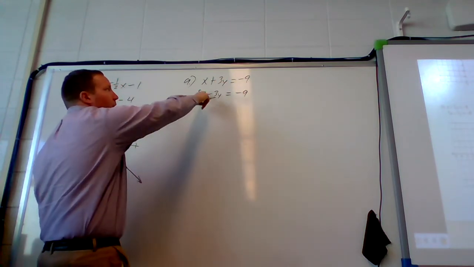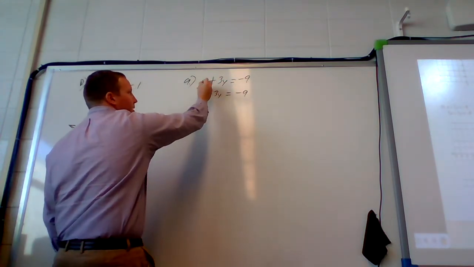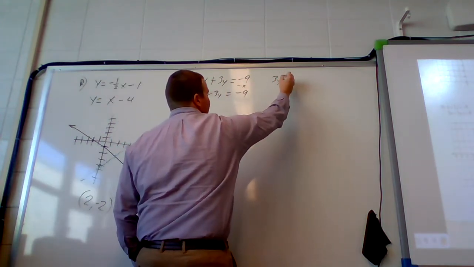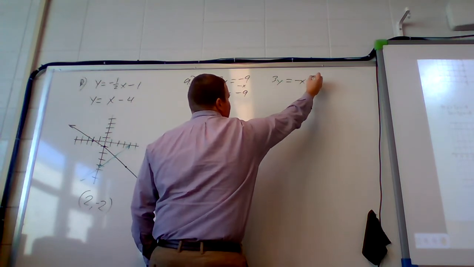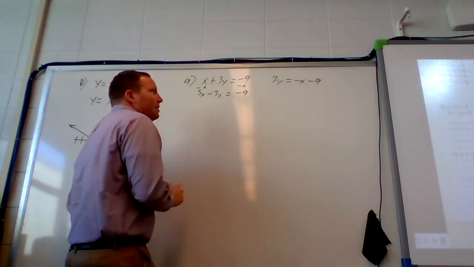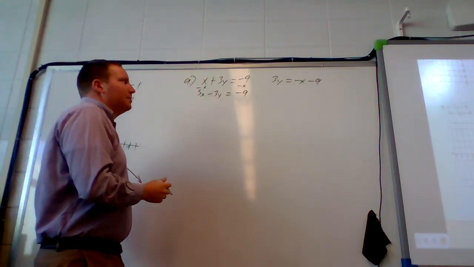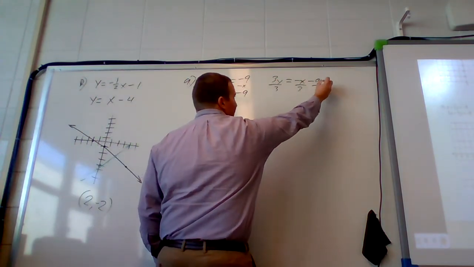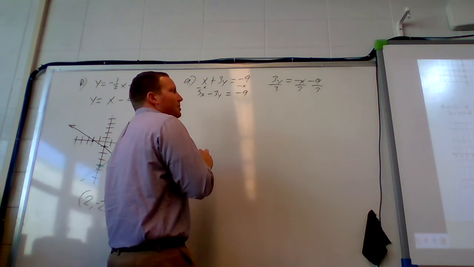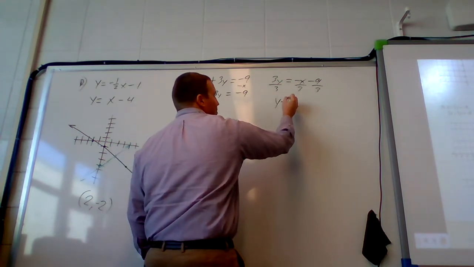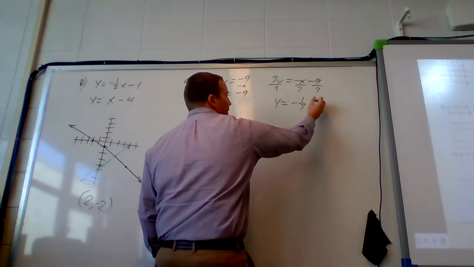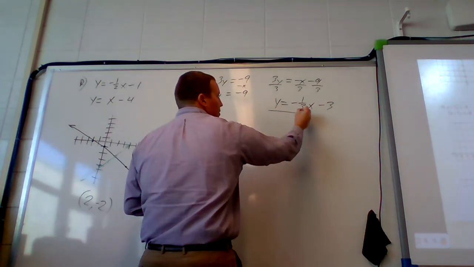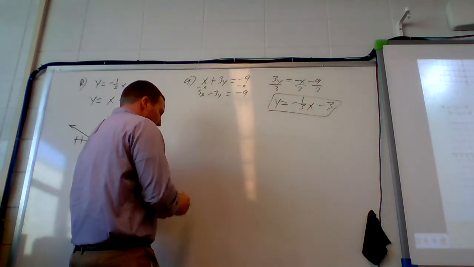So on our first equation, we want to subtract x over, so that's going to get us 3y equals -x minus 9. And then to get y by itself, divide by 3 on everything on the other side of the equation. So that's going to get us y equals -1/3 x minus 3. So there's one of our equations.